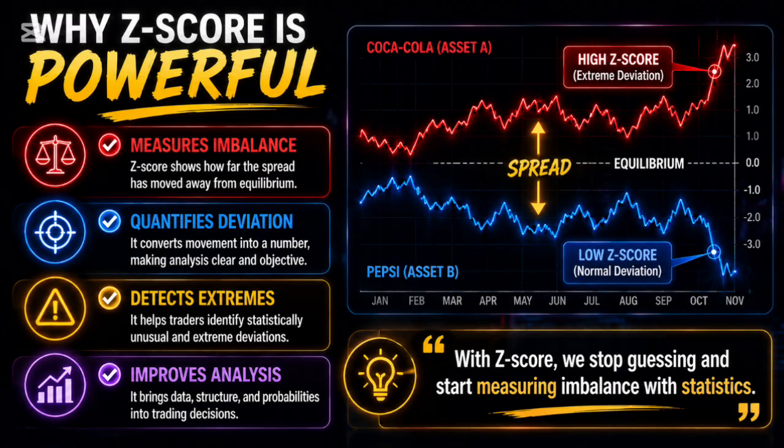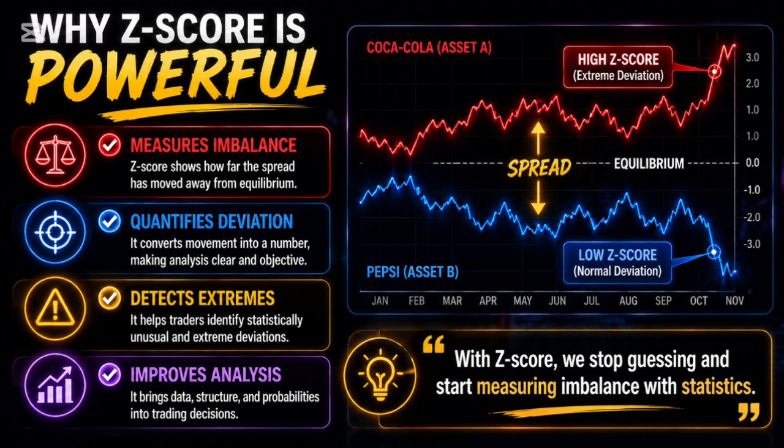It is so powerful because now we are no longer relying on emotions to trade, or visual guessing like directional traders. We are using statistics to measure imbalance objectively, right?